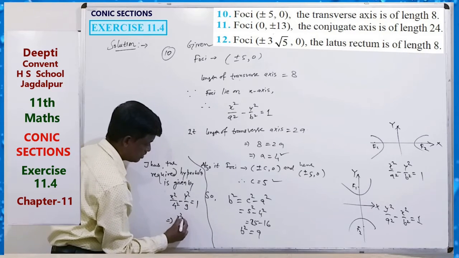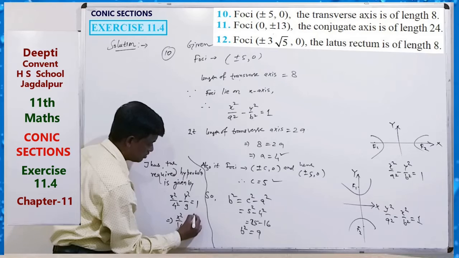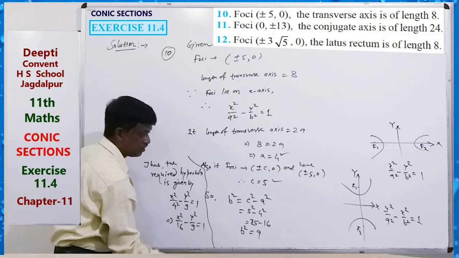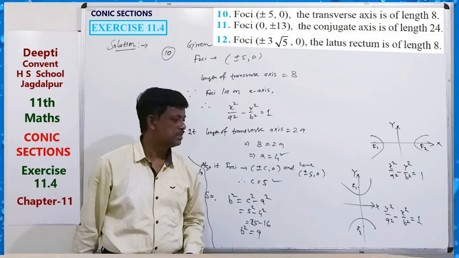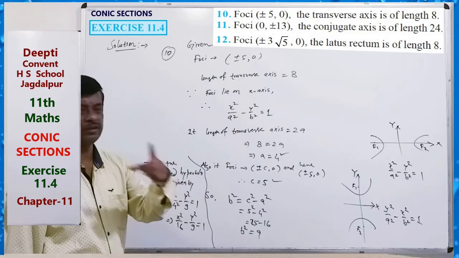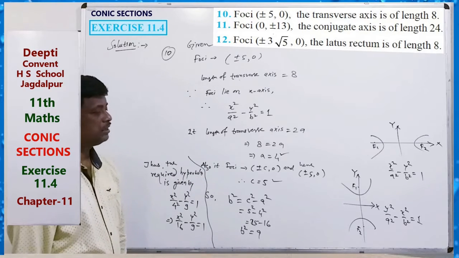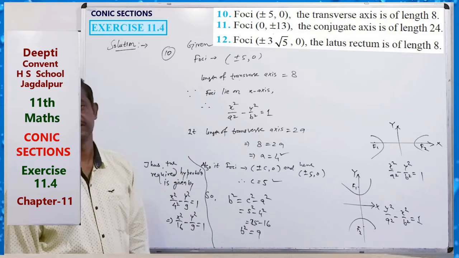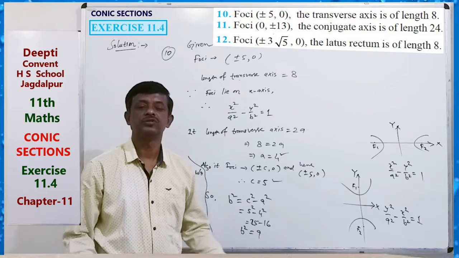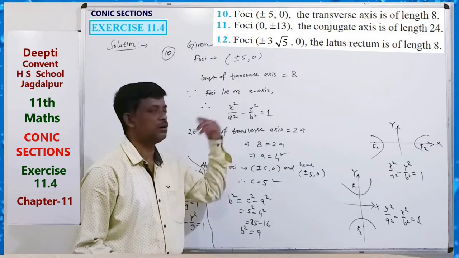So x square by 16 minus y square by 9 equals 1. Okay, so this is the step of finding the equation of the hyperbola.